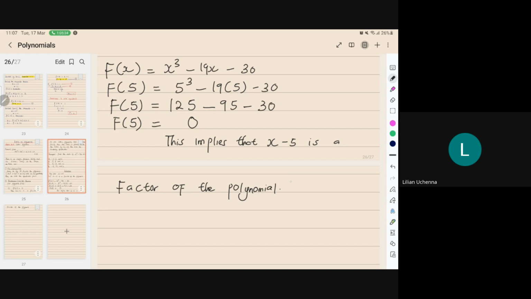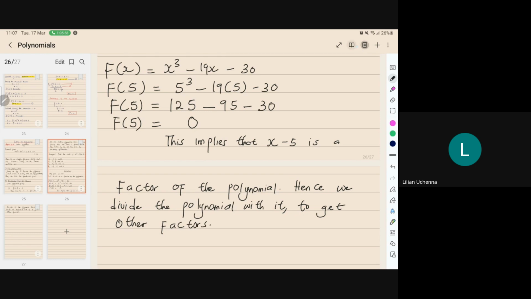Hence, we divide the polynomial with it to get the other factors.